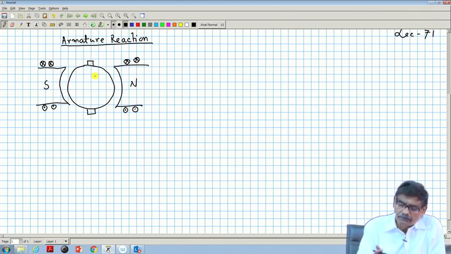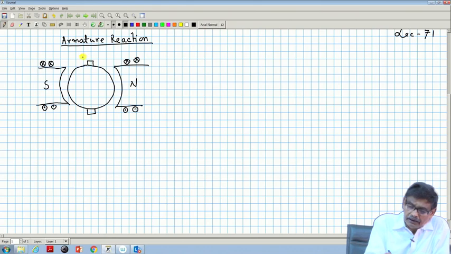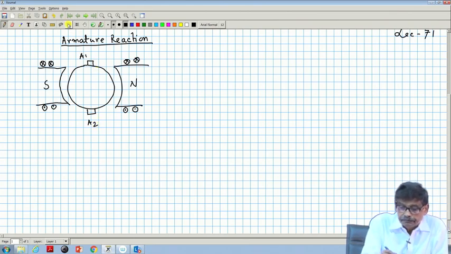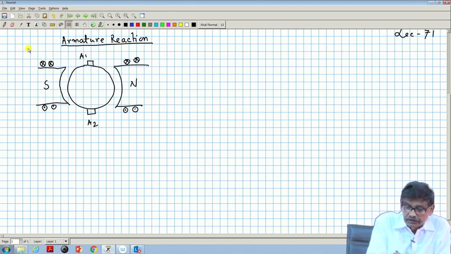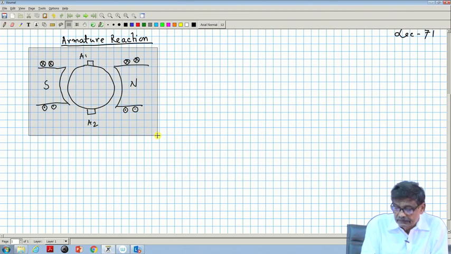That is how it will be carried out, and this is your armature terminal. I will just copy this down because many times I have to sketch this.